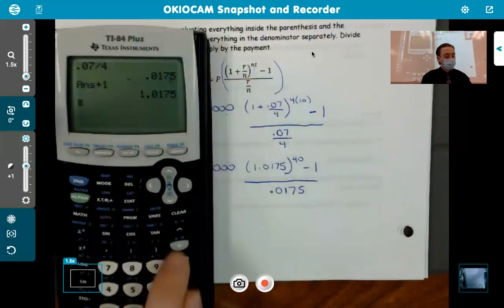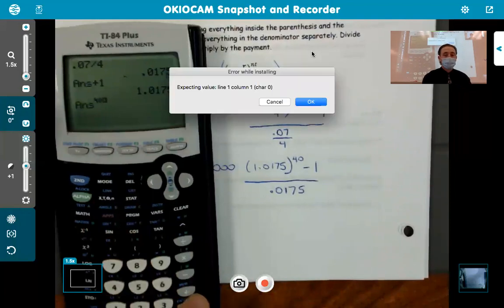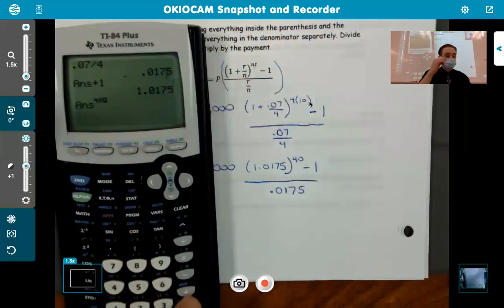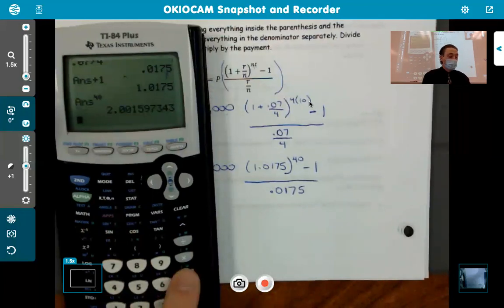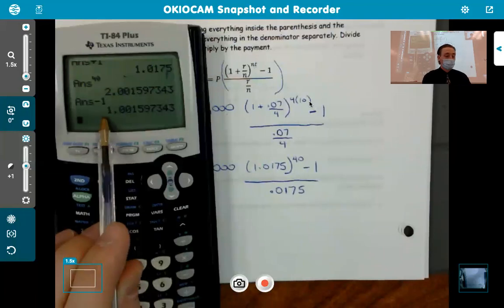Now I'm going to simplify this. So if I simplify my numerator, 1.0175 to the 40th power, it's 2.00159, whatever. And then I have to subtract 1 from that. I get 1.00159, so on and so forth. Let's just round everything to the thousandth place just to get a little bit more of an accurate idea. So 1.001.